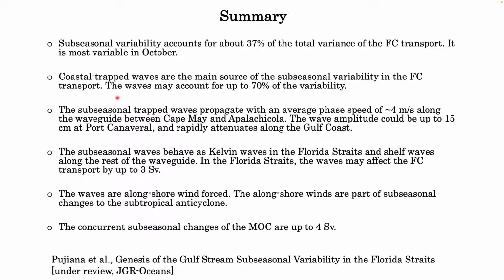And then the coastal trapped waves are the main source of this subseasonal variation in the FC transport. And the waves could account for up to 70% of the variation.